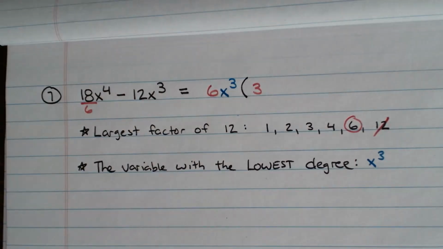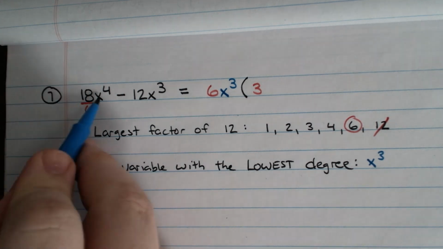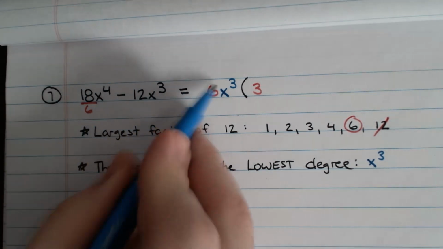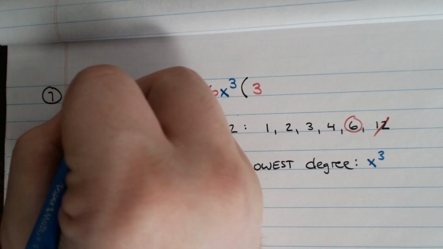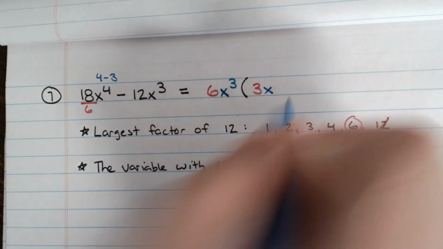Isn't it supposed to be 3x though? I haven't got there yet. You're just a little bit ahead of me. That was my next question. For the exponents, 4 subtract 3 off of it gives me x, or x to the first power.